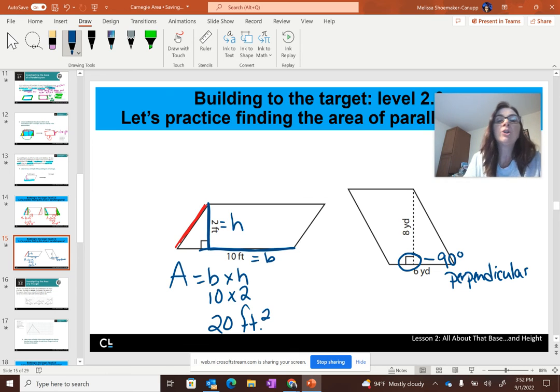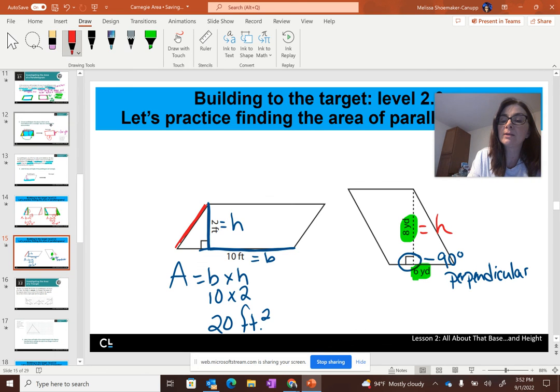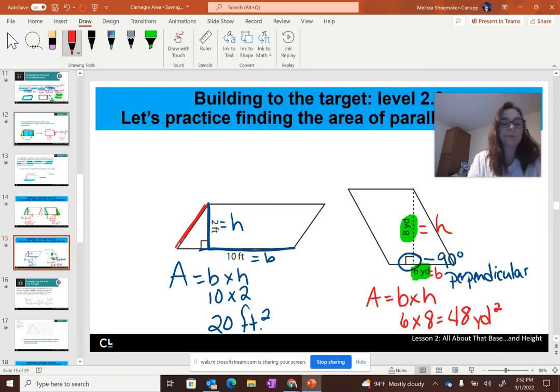So we know that we want to use the number 8 for the height and 6 for the base. That's the height. This is the base. So the area equals base times height. Once again, I'm writing that every single time to get my brain used to it. That's 48 yards squared.